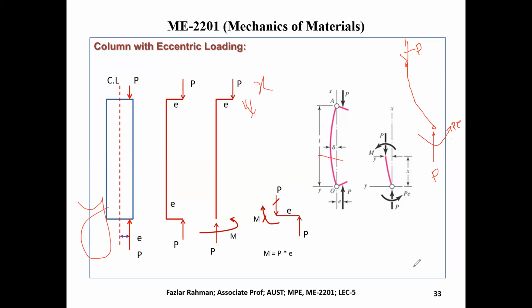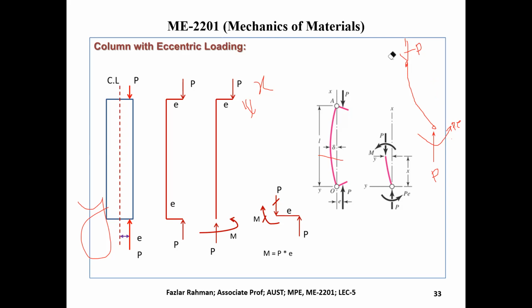If this moment is P into e, and also this force was working upward in this direction and this one downward, these two also rotate the body. This one, P e, rotates anti-clockwise, and these two forces also try to rotate the body. That means there should be a bending moment right over here.